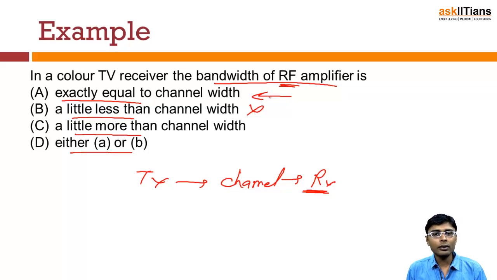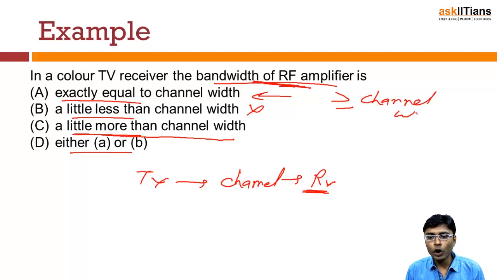But we know the ideal case is not possible in the practical world, right? Therefore, the bandwidth should be a little more than the channel width. So the bandwidth of an RF amplifier should be greater than or equal to the channel width, and the more appropriate answer would be option C.